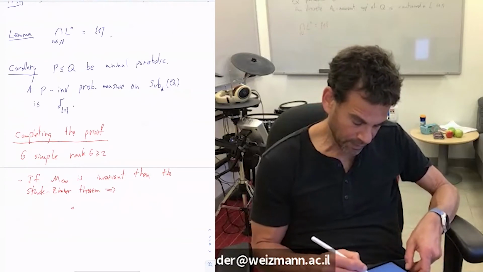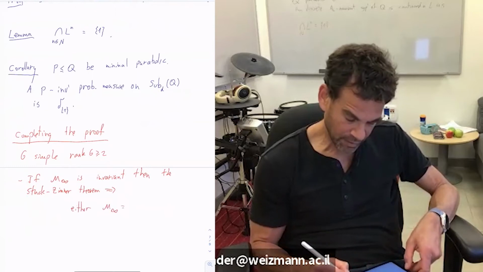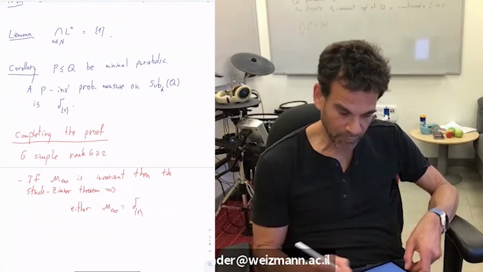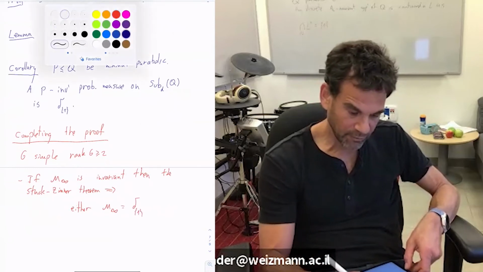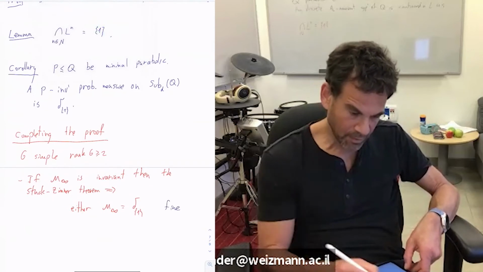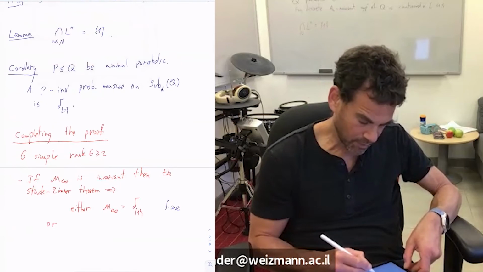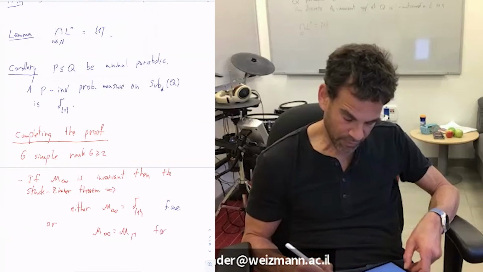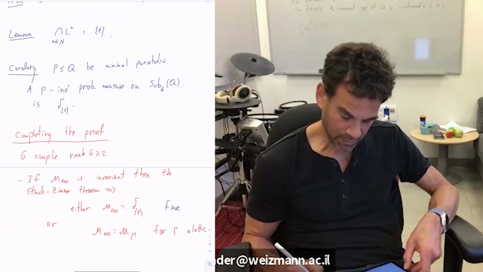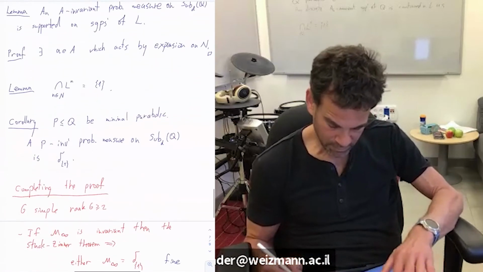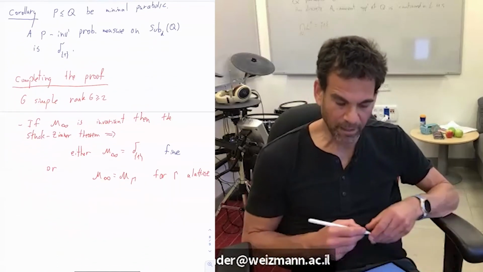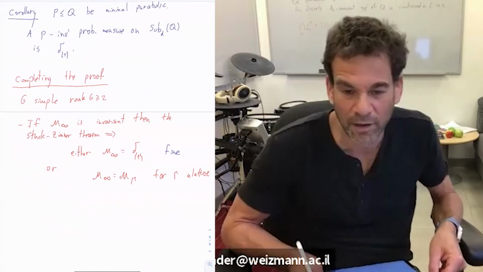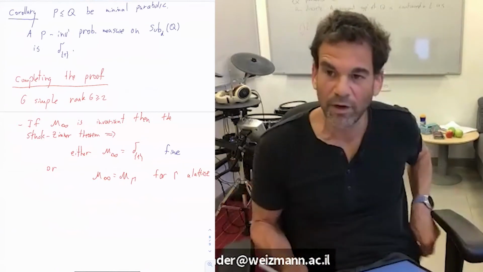either mu infinity is the Dirac on the trivial, which is what we want. So this is fine. Or mu infinity is mu gamma for gamma a lattice. Now, a lattice in a higher rank simple Lie group is locally rigid.